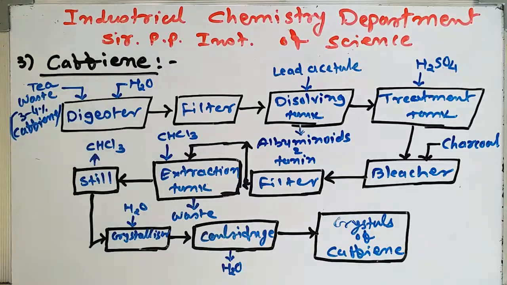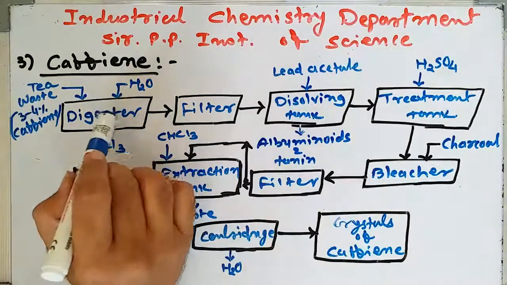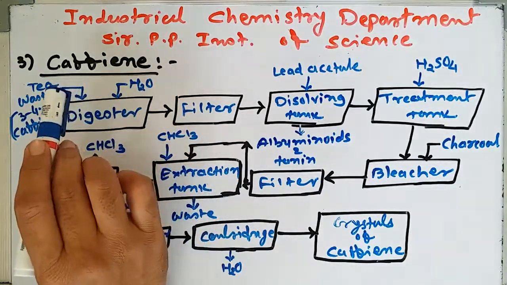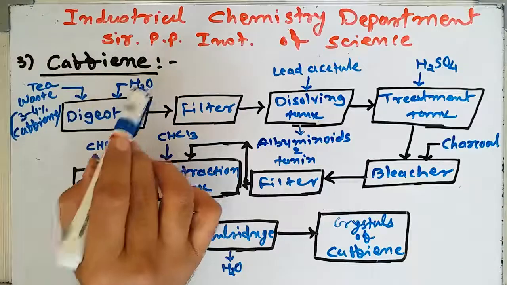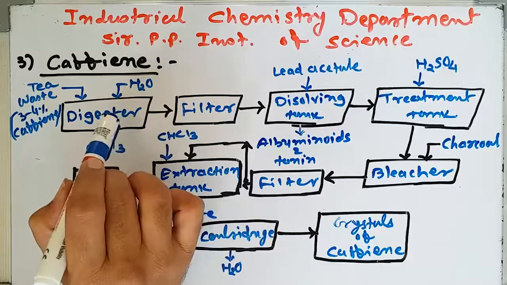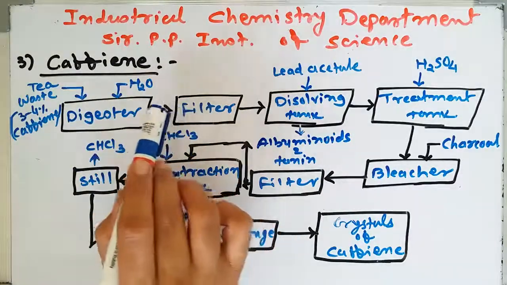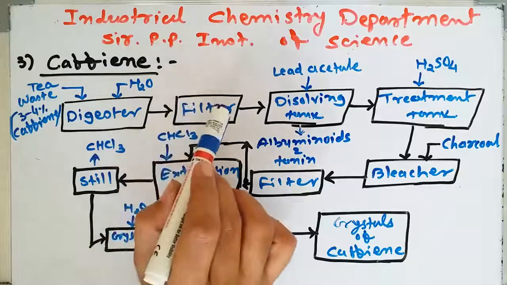It is boiled with water. So in the digester, first of all, waste tea and water are boiled and the hot solution is filtered off.